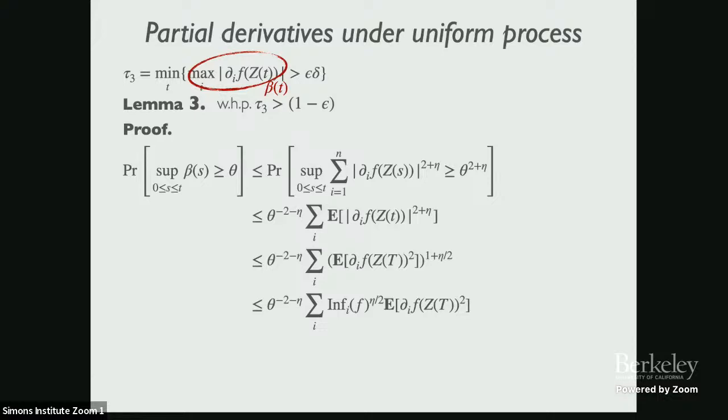So now we are at this step where we use the hypercontractivity inequality to switch from the 2 plus eta norm to the 2 norm. And now we show why we need this eta. It's because we are going to take this plus eta 2 part and bound it by the max influence, the individual influences. Recall that the expected value of the partial derivatives of the function at the endpoint is the influence.